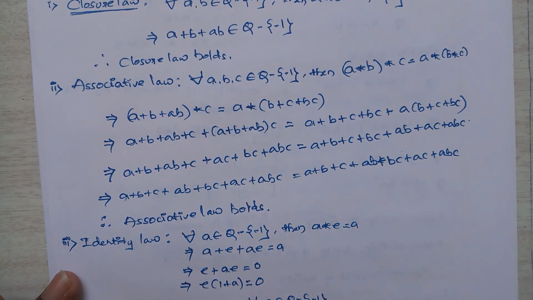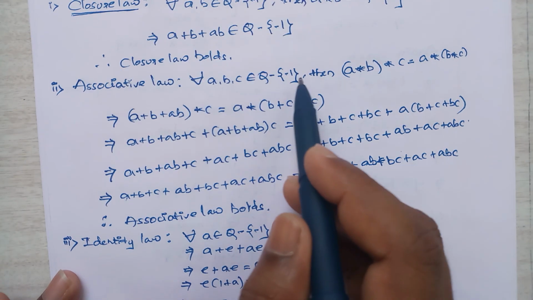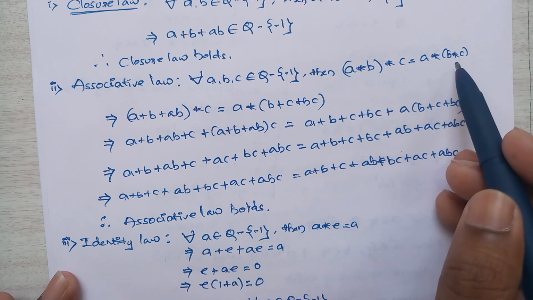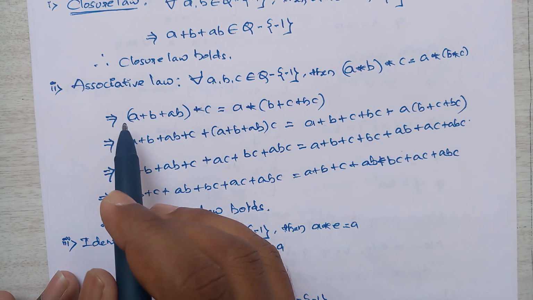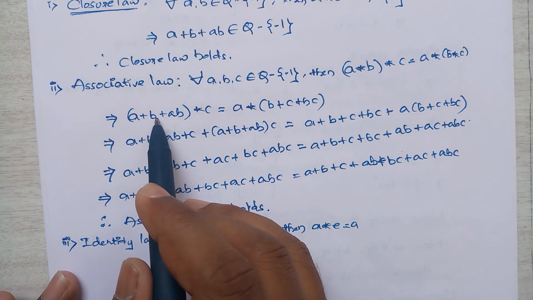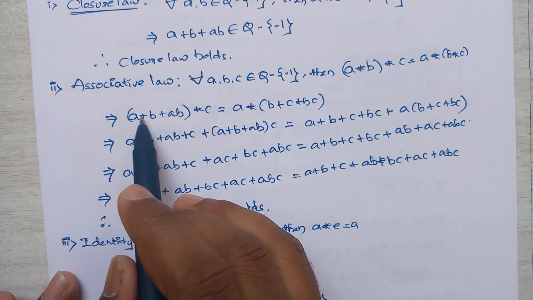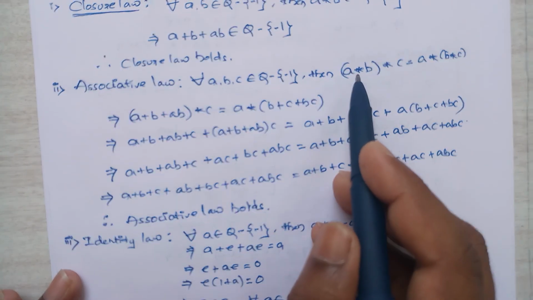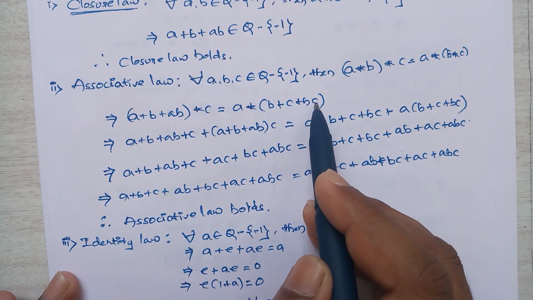So next, associative law. For all a, b, c belongs to Q minus of 1, we need (a star b) star c is equal to a star (b star c). That implies that (a plus b plus ab) star c is equal to a star (b star c), because a star b is a plus b plus ab, and b star c is b plus c plus bc.